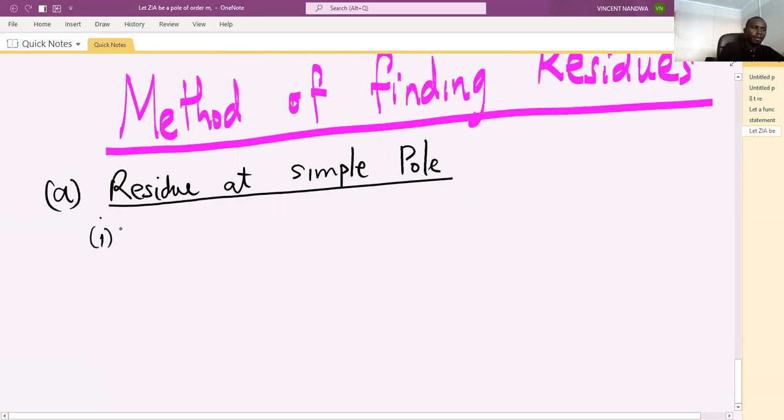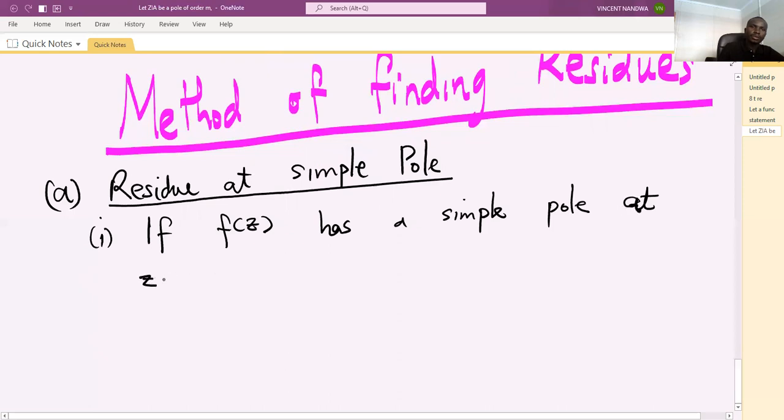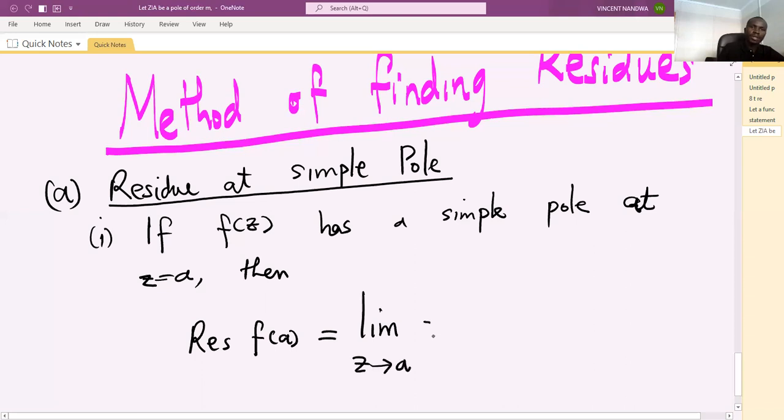So one, if the function f of z has a simple pole at the point z equals a, then the residue of the function at a is given by limit as z approaches a of z minus a times the function f of z.